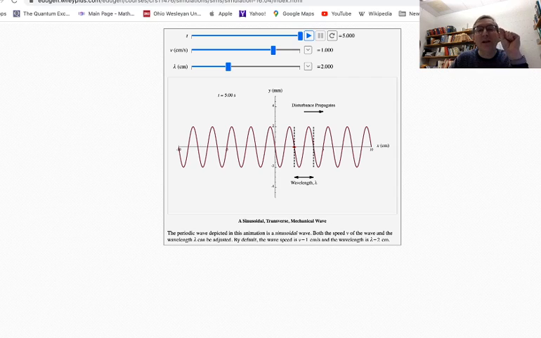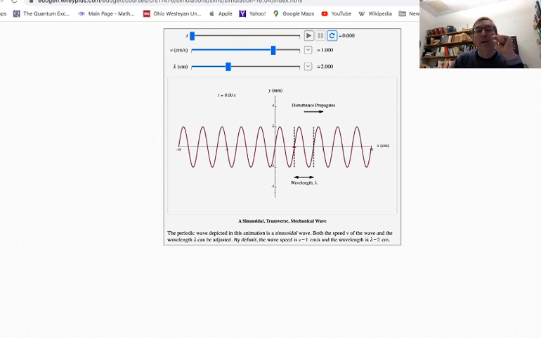But let me emphasize now, by resetting it, that the rope itself is not traveling to the right. And how do I know that? There's a red dot again. You see it? I painted a red dot on a little piece of that rope. Now I want you to watch what that red dot does, because that tells you what that piece of rope is doing.